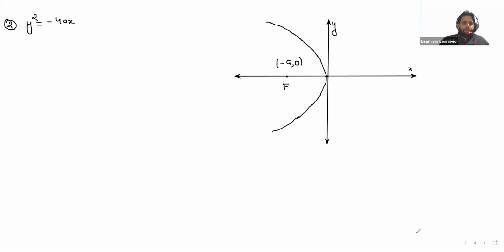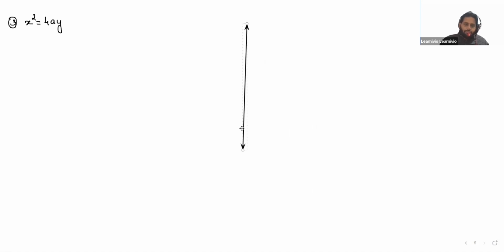Okay, so the next one, third, is x square is equal to 4ay. For this one, the graph will be like this.